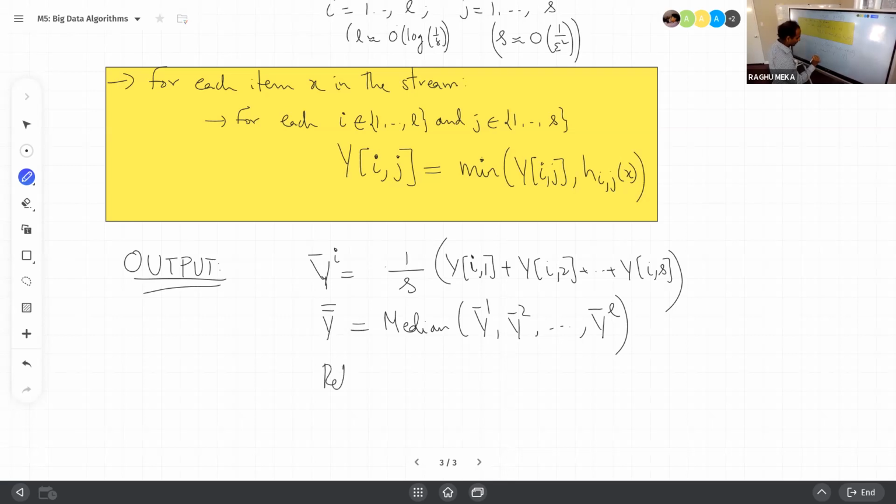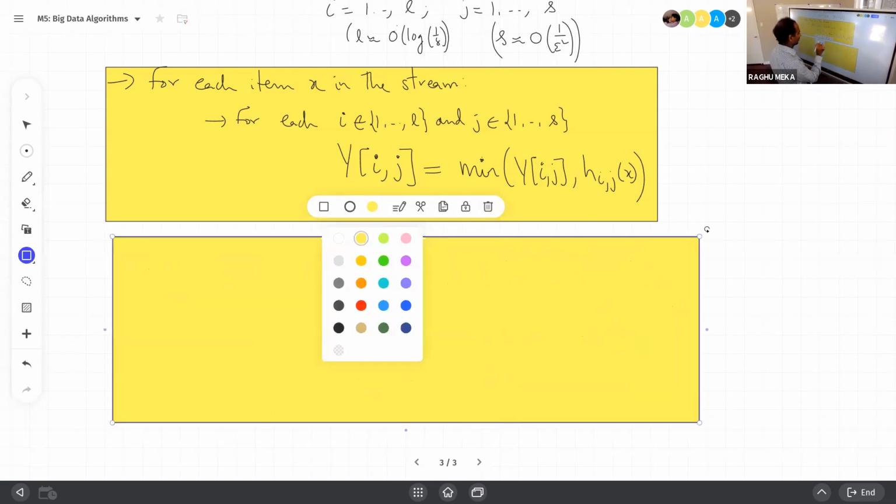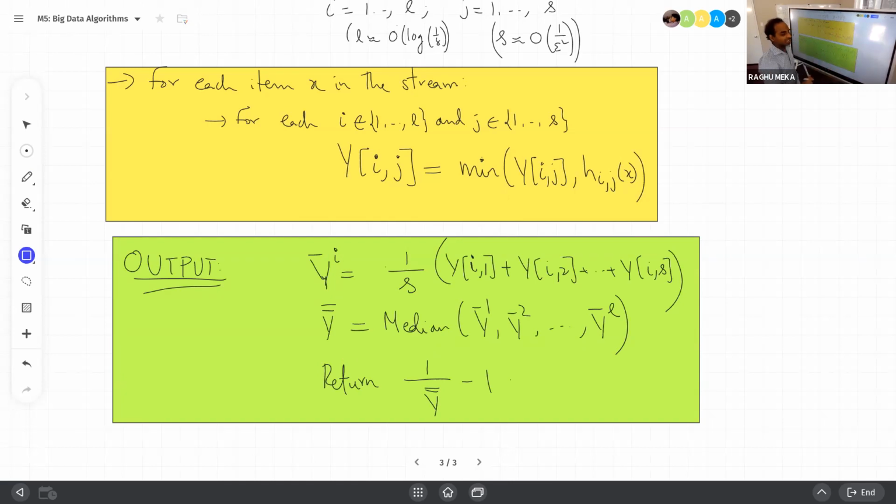So this is how you process the stream, and in the end, when someone asks you the query, tell me the number of distinct elements, I compute the means and compute the median. Okay, and you can keep track of the means continuously and compute the median on the fly as needed if you want. Does this make sense?